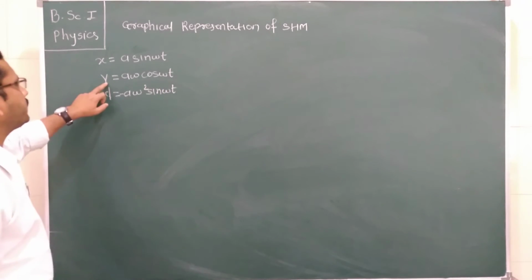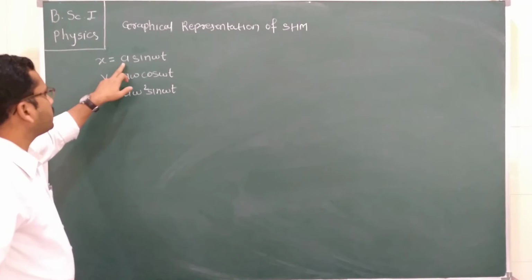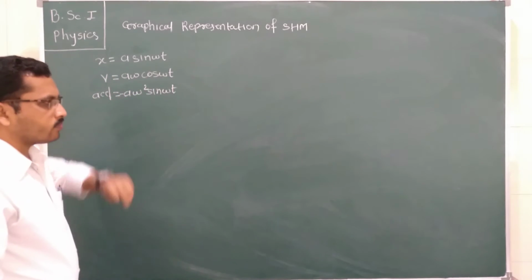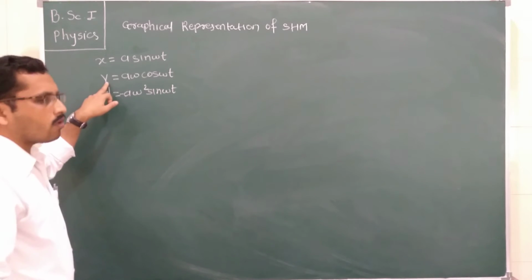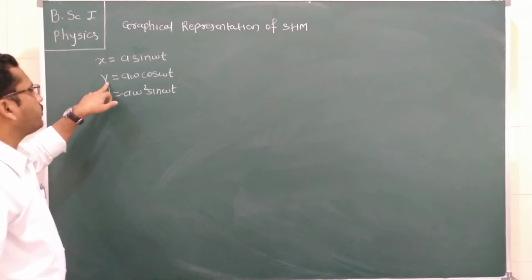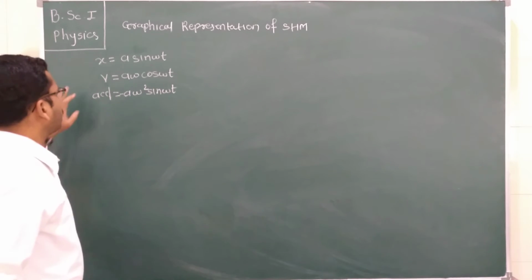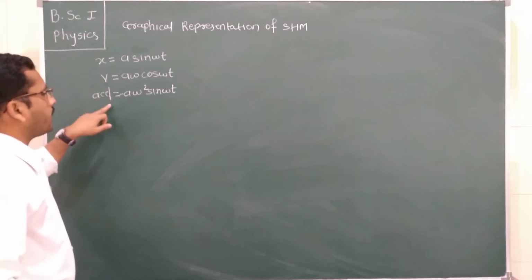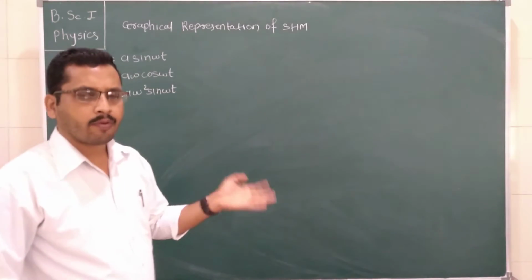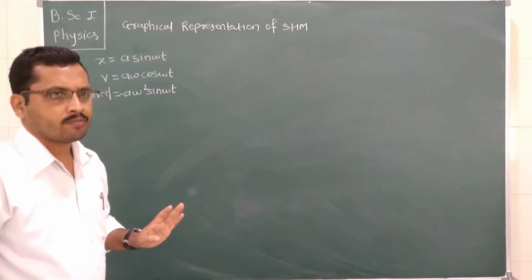Because velocity is nothing but the rate of change of displacement. It is the derivative of x, which is equal to a omega cos omega t. And acceleration is the derivative of velocity. Therefore we can write minus a omega square sin omega t. So these are the values for displacement, velocity and acceleration of the particle performing simple harmonic motion when it is starting from the mean position.